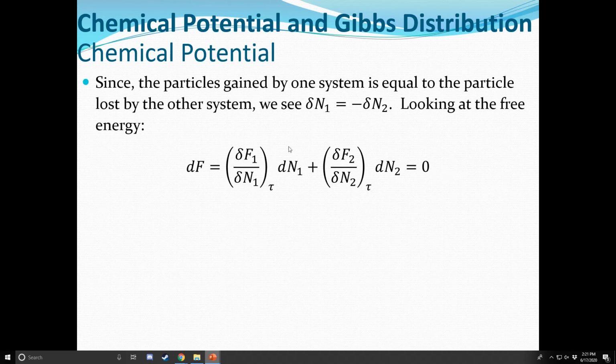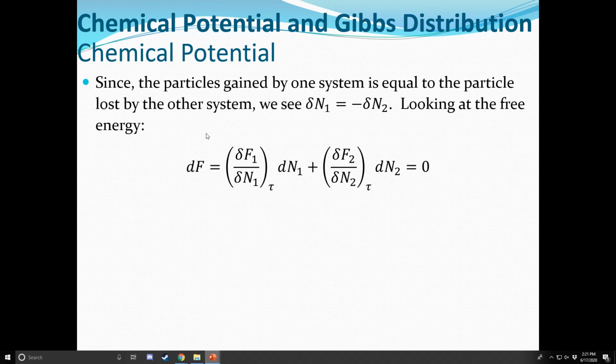If you remember, one of the ways that we can analyze these equations is to multiply both of these terms by dN1 over dN1 and dN2 over dN2, and then bring that denominator underneath so that this turns into a partial derivative of the free energy in system 1 with respect to the number of particles in system 1, and the same thing for system 2.